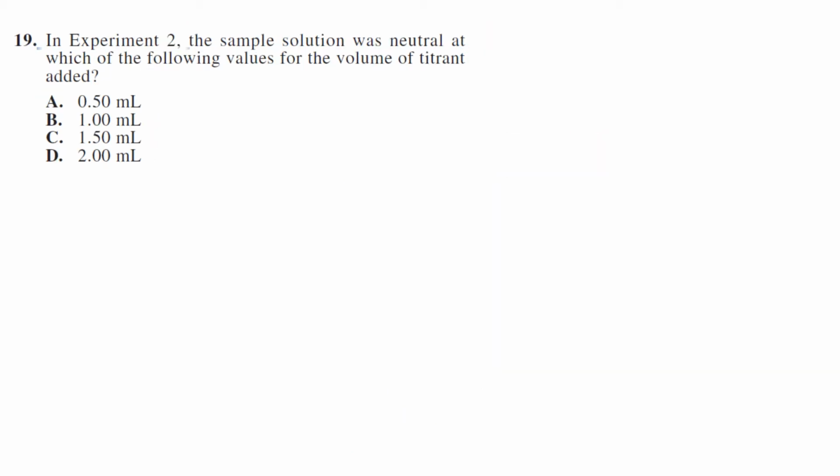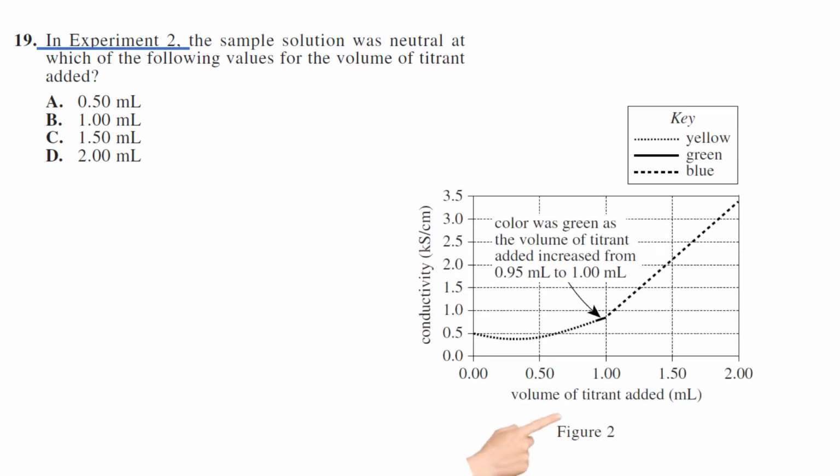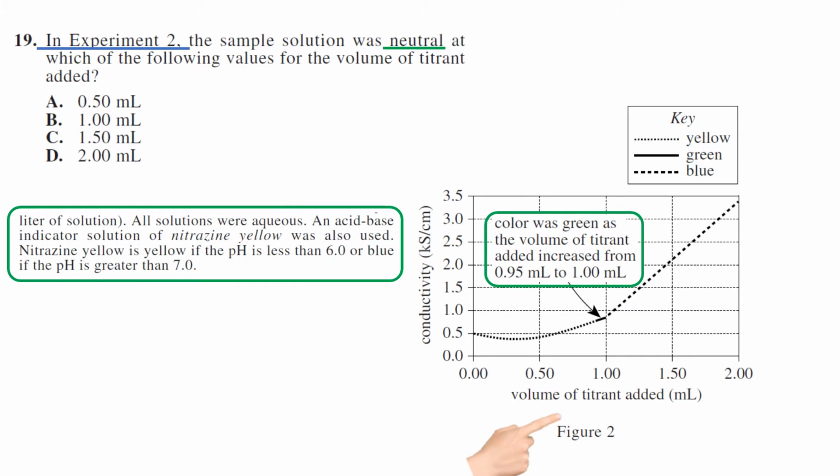Number 19, in experiment 2, put your finger on experiment 2. The sample solution was neutral at which of the following values for the volume of titrant added. So it tells you all solutions were aqueous, and an acid-base indicator was used: it's yellow if the pH is less than 6, blue if the pH is greater than 7.